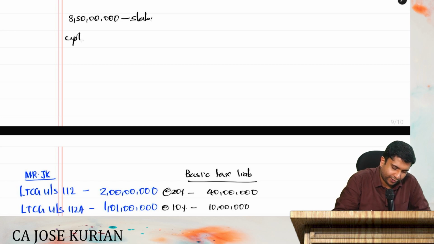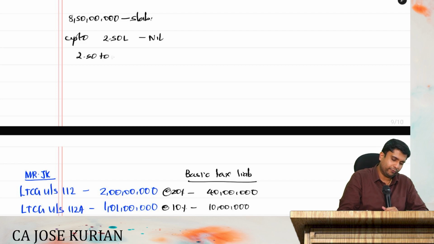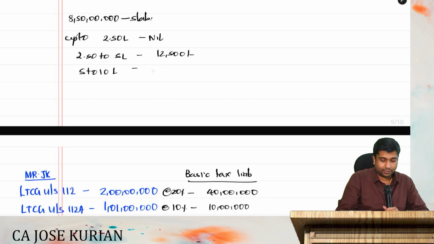Up to 2.50 lakhs, nil. Then from 2.50 to 5 lakhs, 5%, that will be 12,500. 5 to 10 lakh, it is 20%, that will be rupees 1 lakh. Over and above 10 lakh, 8 crore 40 lakhs will be subjected to 30% rate.